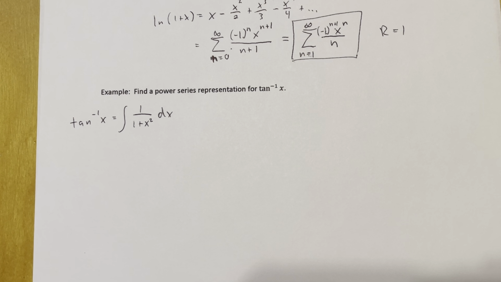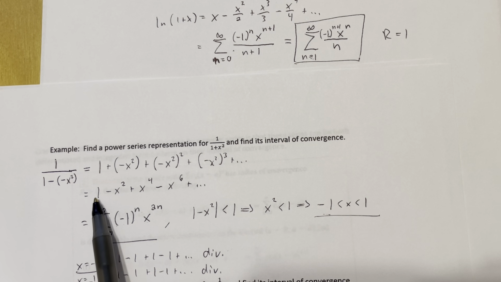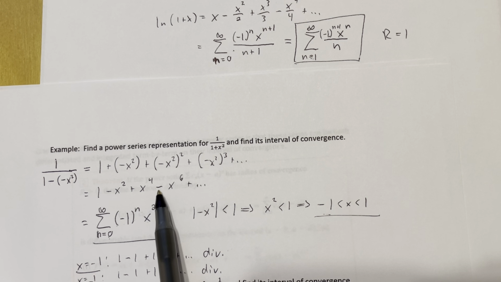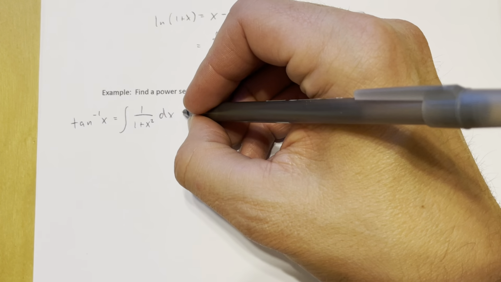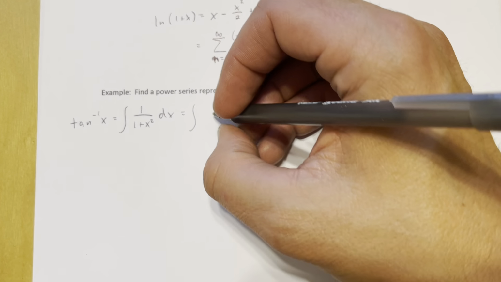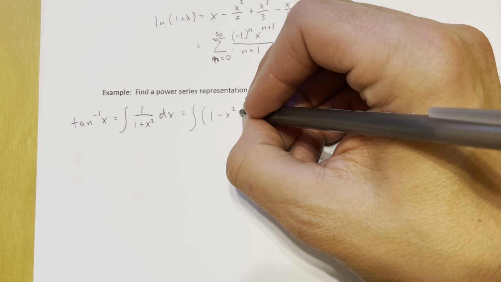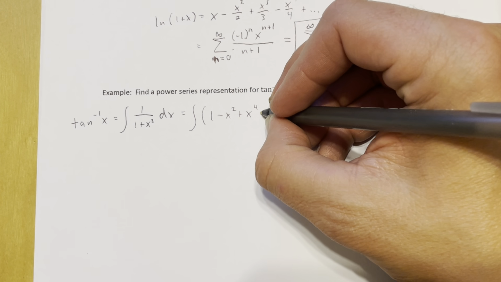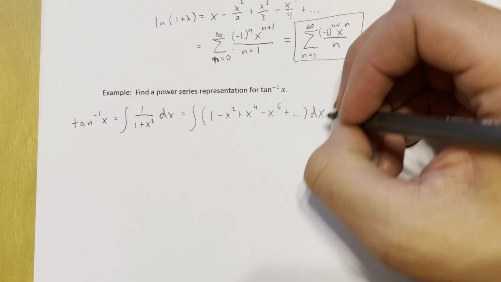Okay, so for that function 1 over 1 plus x squared, we have already found a power series representation. It's this: 1 minus x squared plus x to the 4th minus x to the 6th, and so on. So that means I can represent that function in that form, 1 minus x squared plus x to the 4th minus x to the 6th, and so on, dx.